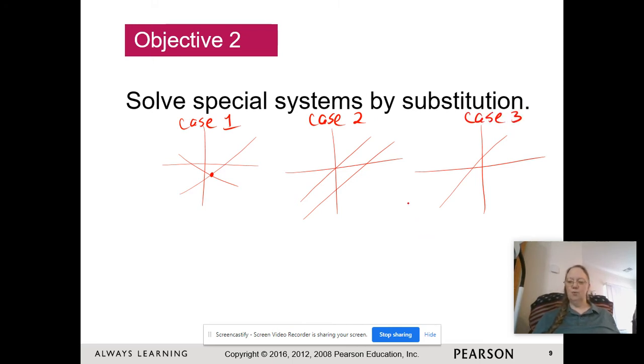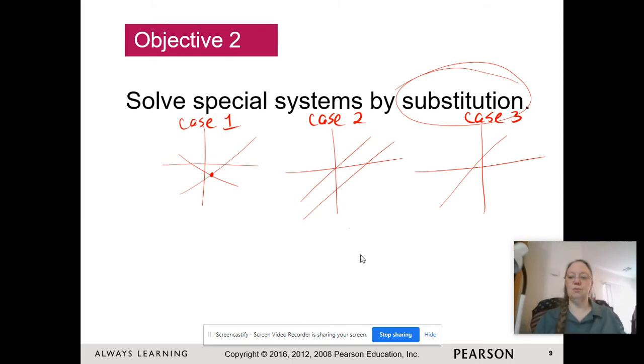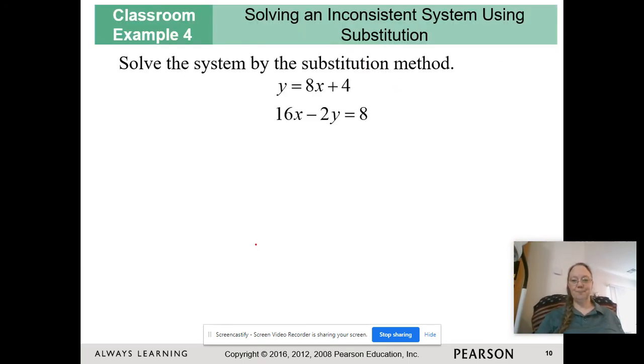Okay, and we figured out how to determine which of those cases we had when we were graphing. But what happens if we're solving by substitution? Okay, so it could happen. We could have any of those three cases when we're solving by substitution. So you guys need to know what that looks like.